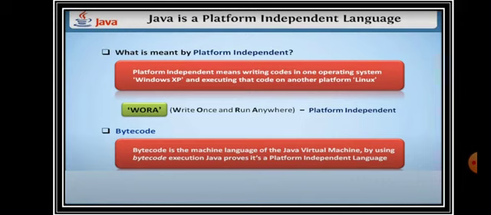By using bytecode execution, Java proves it is a platform independent language. So this platform independence is done only with the help of bytecode. As you know, bytecode is nothing but a machine language which is in the form of 0 and 1.